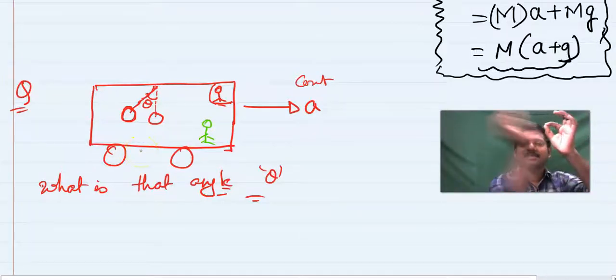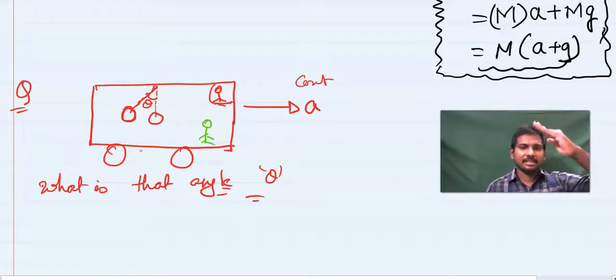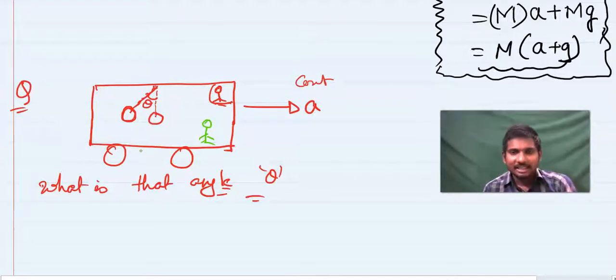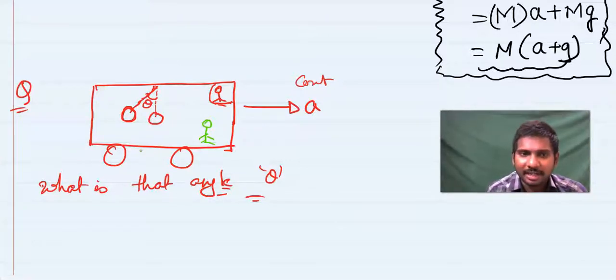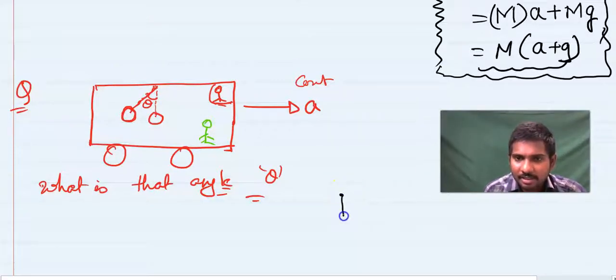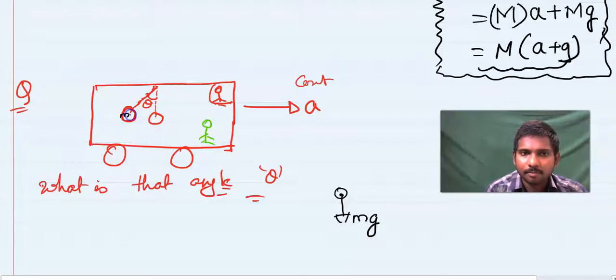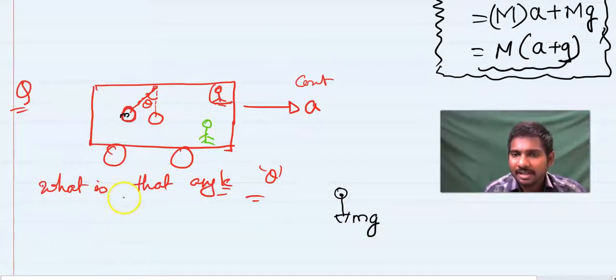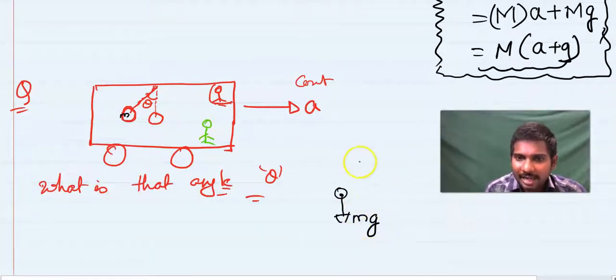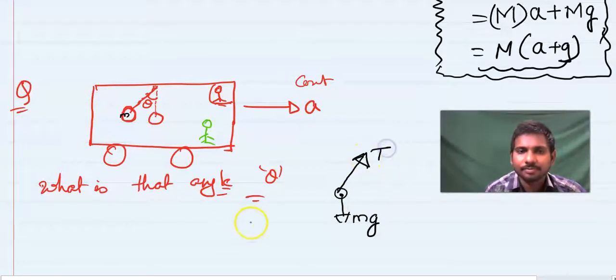So let me draw the free body diagram for this ball. There is an mg force, considering the mass of the bob. There is a tension T due to the string.